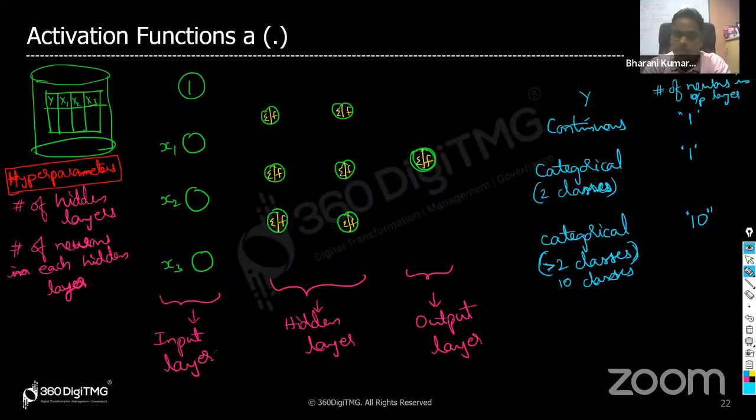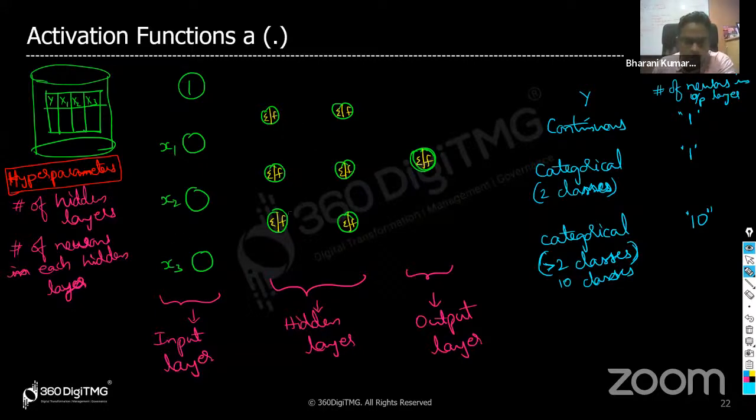Then what is variable? The number of neurons in your hidden layer is variable. My bad. The number of neurons in the input and output layers are fixed. The number of hidden layers and the number of neurons in hidden layers are variable.